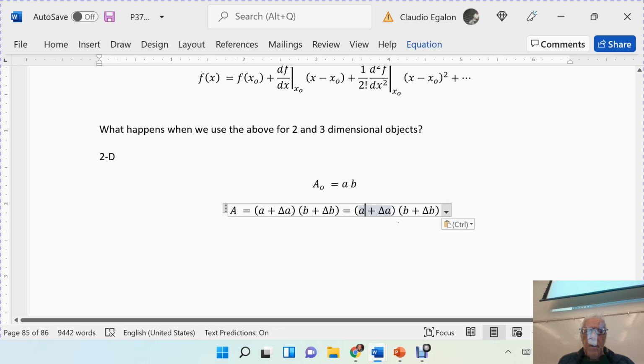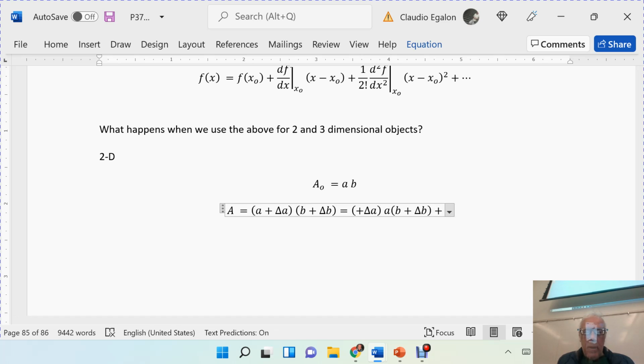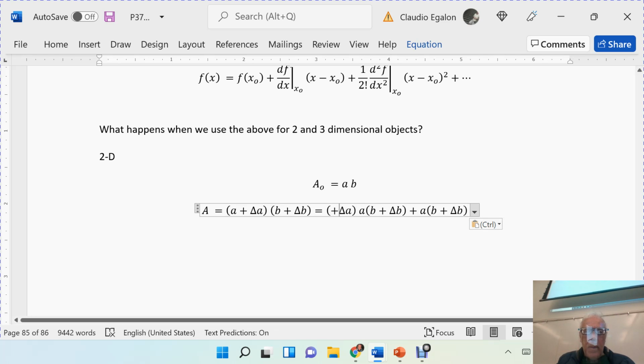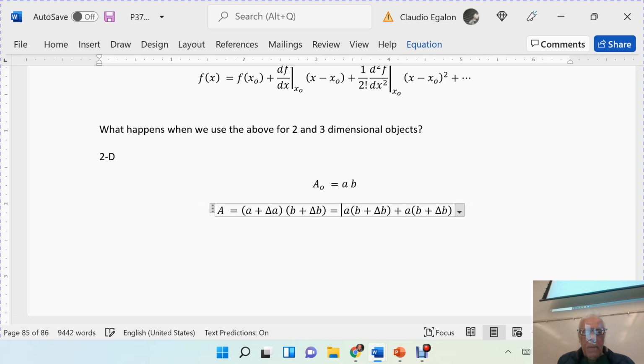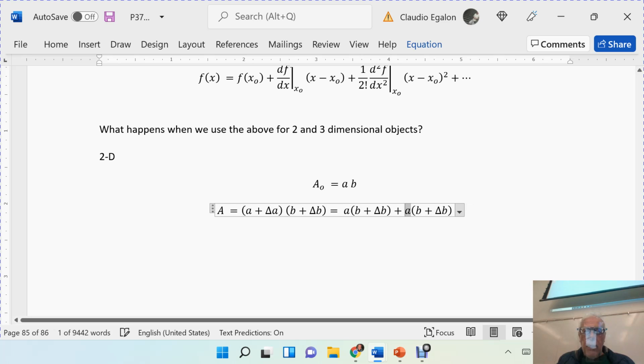We're going to get AB, A delta B, and so on. Distributive property. And now we can go to the next step.